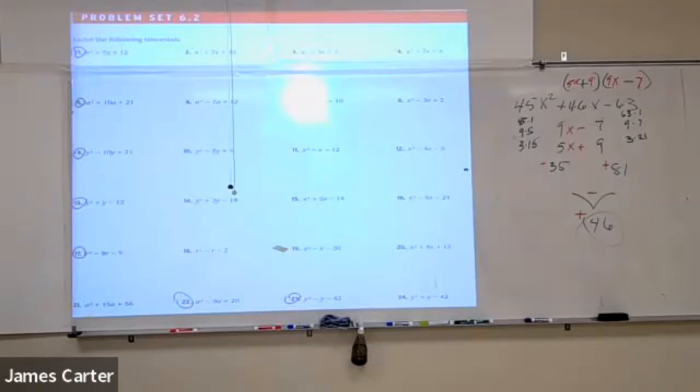What about number 3? No, because 2 is not a perfect square. That's not a perfect square. There's a perfect square, perfect square on the front, perfect square on the back. But they're opposite signs, and there is a middle term, so rule C won't work with this one. Okay?